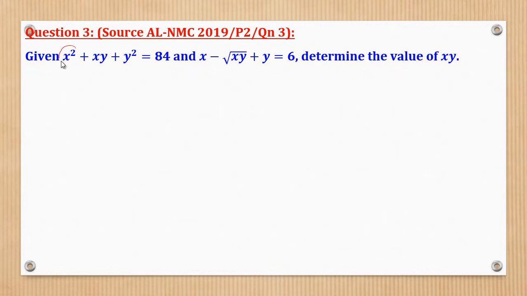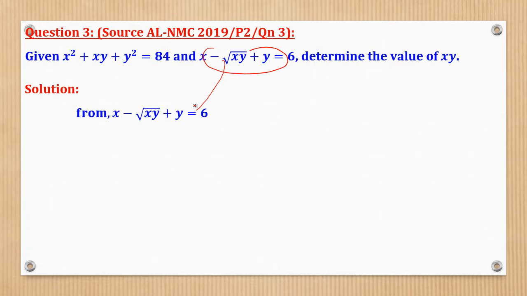Question 3 says that given that this is equal to this and this is equal to this, determine the value of x, y. So if I begin with this equation, I'll first rearrange and then I square both sides.